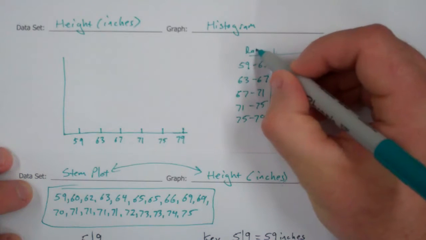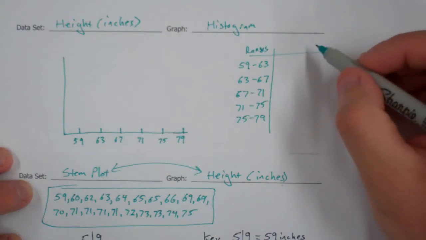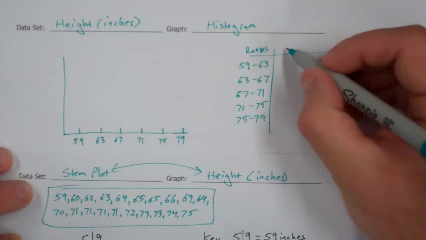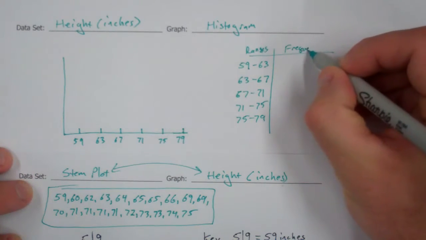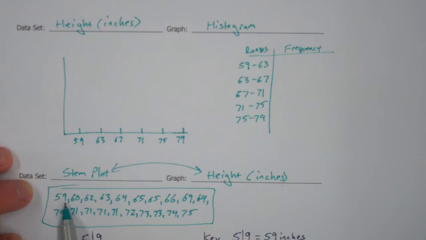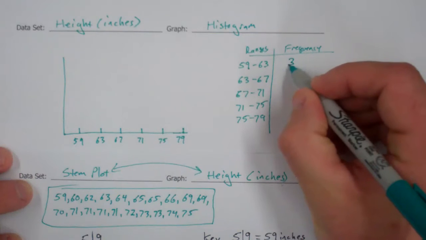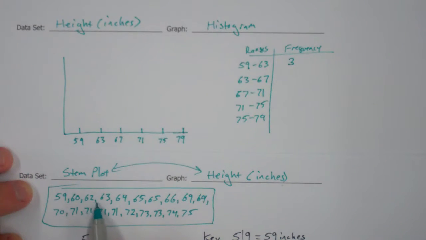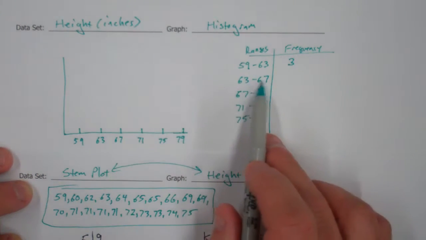So these are our ranges right here, and we're going to do the frequency here. So from 59 to 63, well, there's one there, 2, 3 people fit in between 59 to 63, but not including 63. We're going to include 63 in the next range.